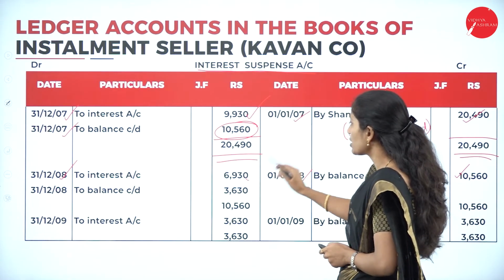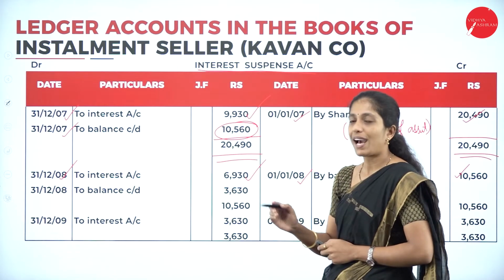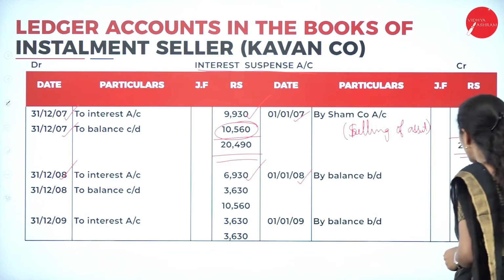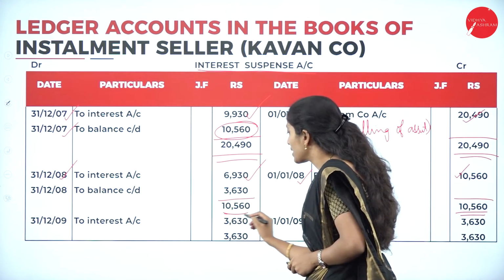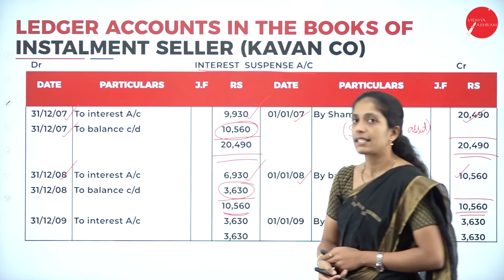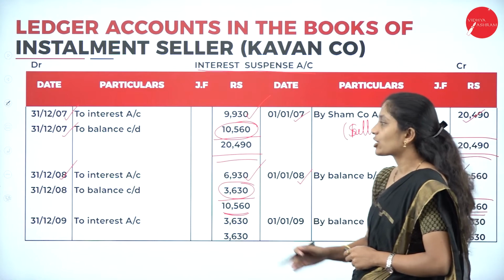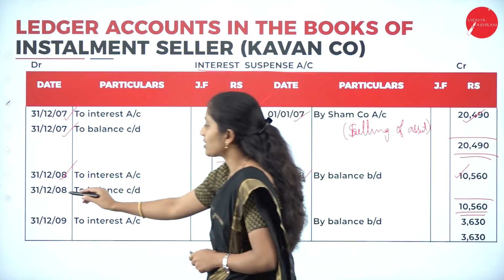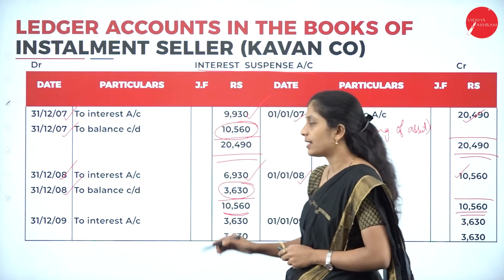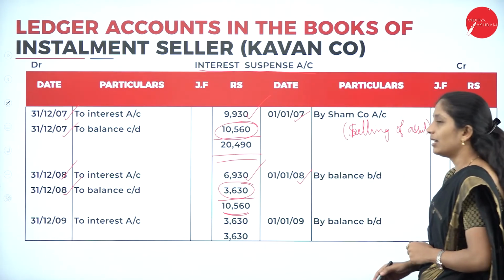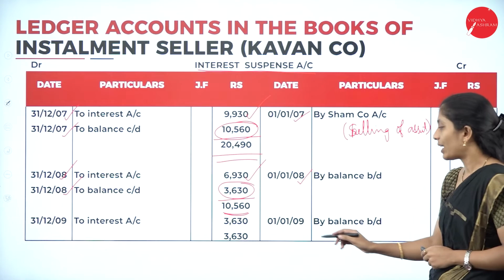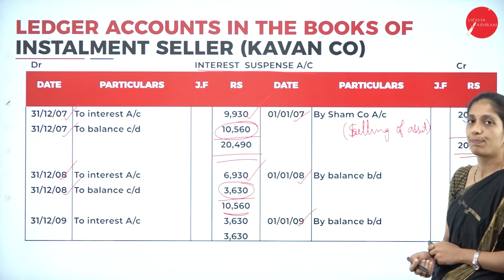So record that amount, 6,930. Now balance both the sides. In your credit side, you'll get 10,560, whereas in debit side, you'll get a balancing figure of 3,630. So this amount has to be carried down. 31/12/08 to balance carried down, 3,630. Now come to the next year, 1/1/09 by balance brought down, 3,630.